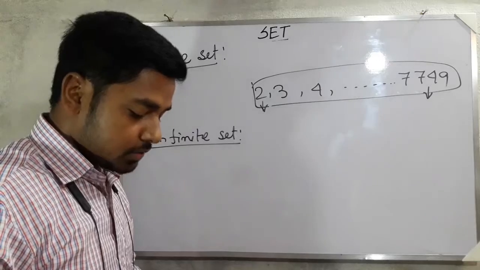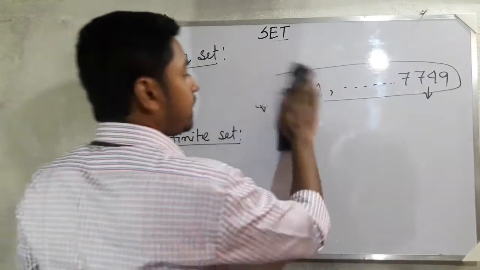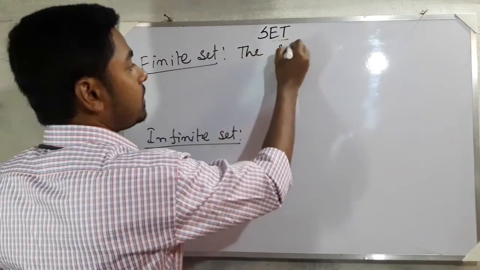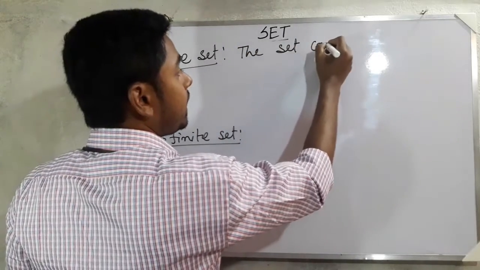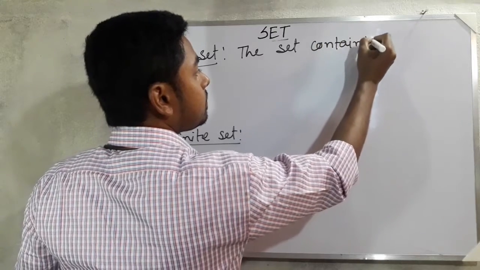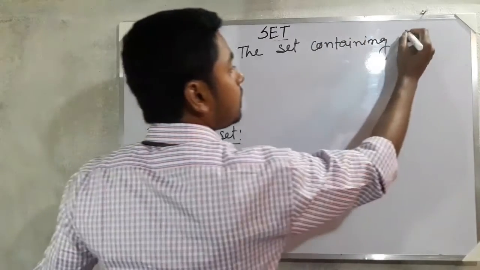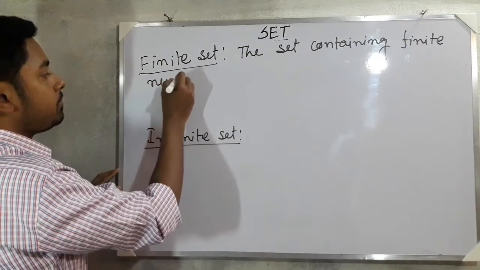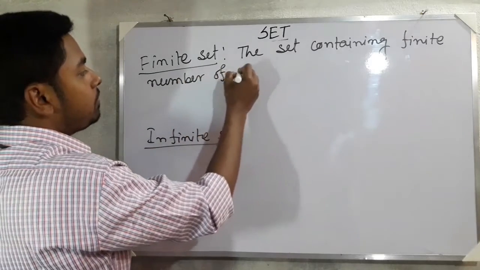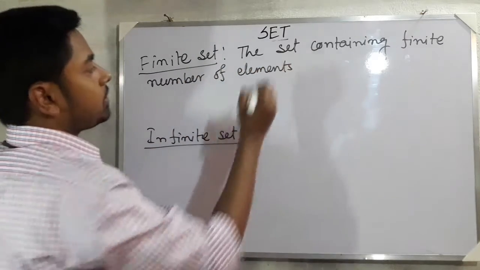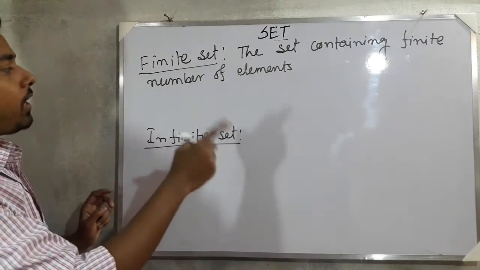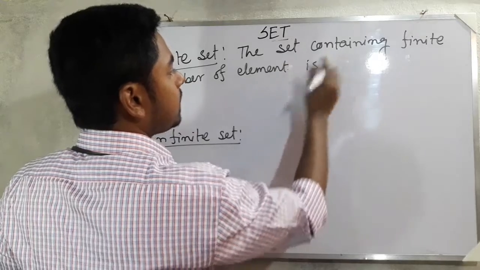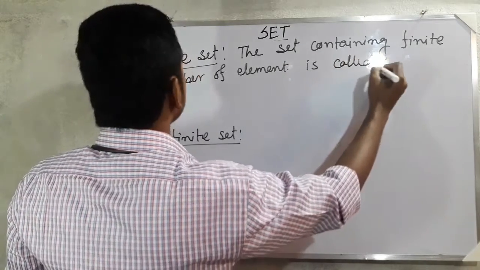So what is a finite set? The set containing a finite number of elements is called a finite set.